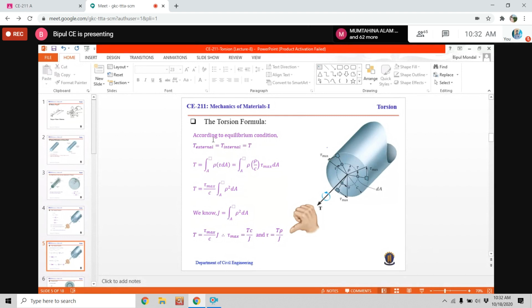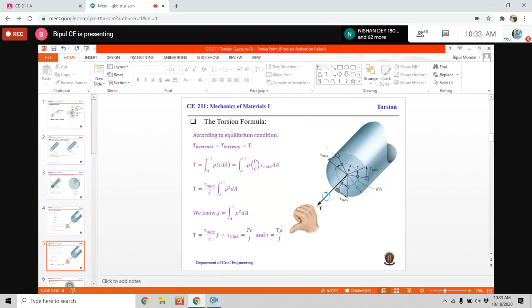According to the equilibrium condition, if we apply a torque to a body, an internal torque will be developed. Similarly, if we apply an axial or compressive force to a body, an equal amount of resistance will be developed in the body.